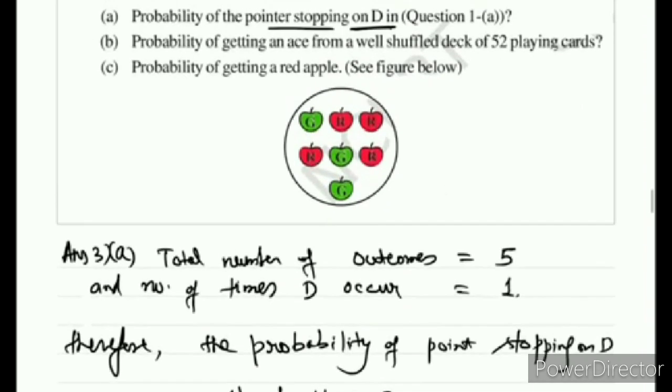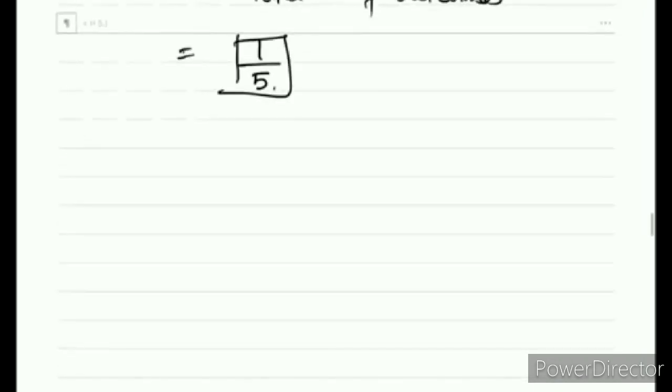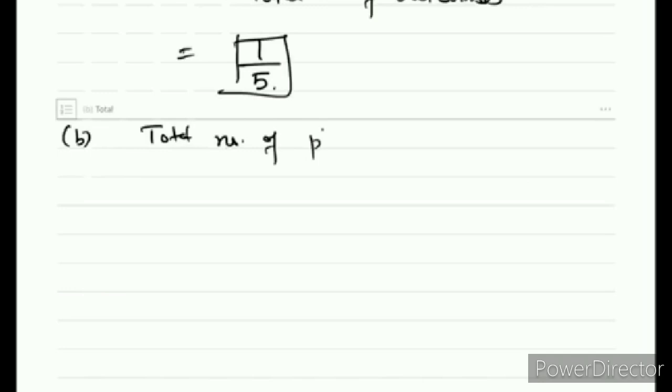Next part of question, probability of getting an ace from a well shuffled deck of 52 playing cards. In 52 playing cards we are having 4 designs, and in each design we are having an ace card. So totally how many ace cards are there? Yes, totally 4 ace cards.